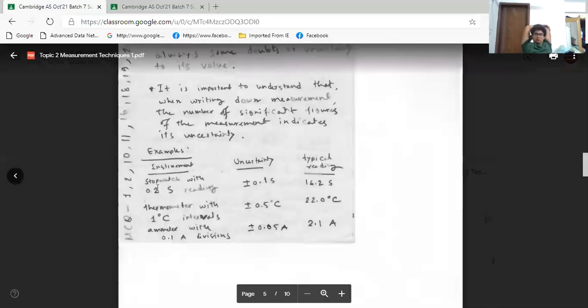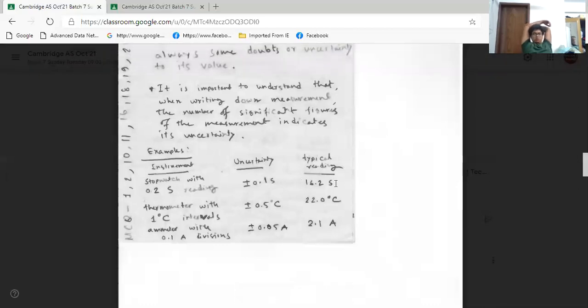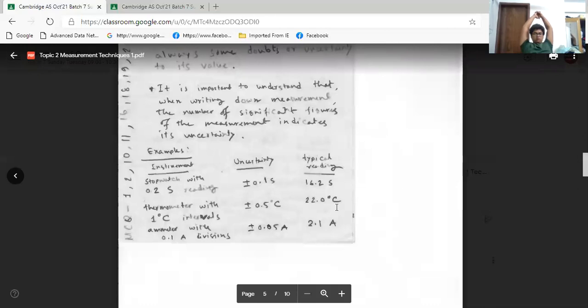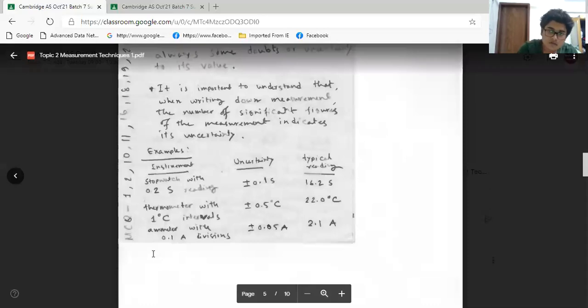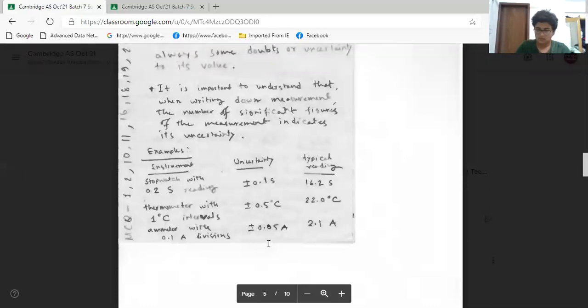Look here, stopwatch: the minimum value is 0.2, but they gave you an uncertainty of half of 0.2 because they took the average. Is it clear? Yes, sir. So the uncertainty becomes half of the smallest value if we are taking the average. So take this note here, beside your writing: if a value is written here, it is for the average reading.